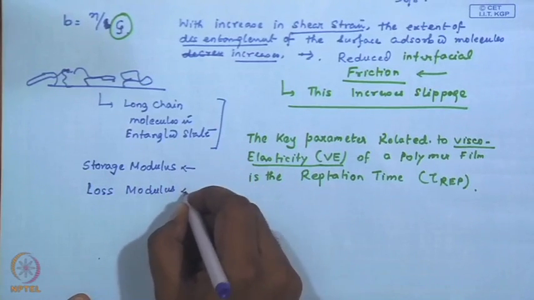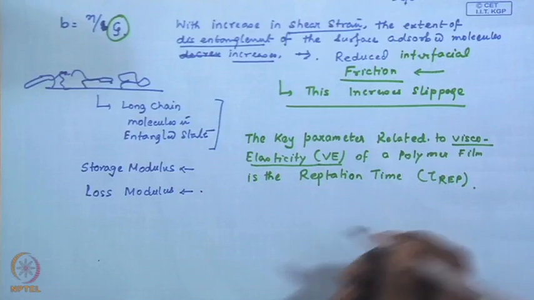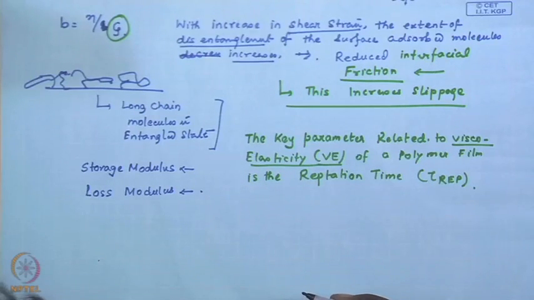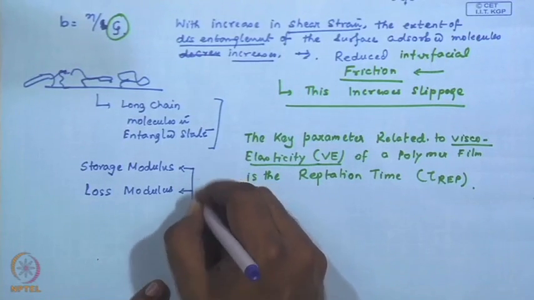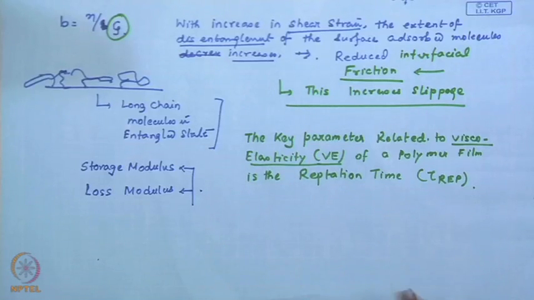In a viscoelastic film, in an instrument called a rheometer, you can individually identify these two parameters, the storage modulus and the loss modulus, which give you an idea about the extent of viscoelasticity, the relative components of viscosity and elasticity, or relative dominance.